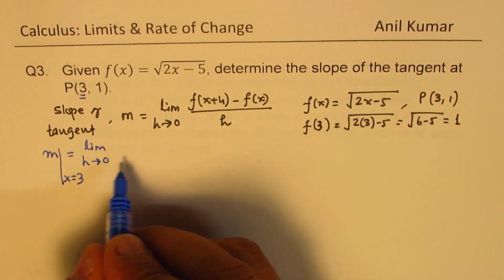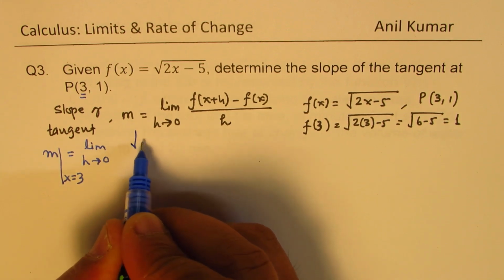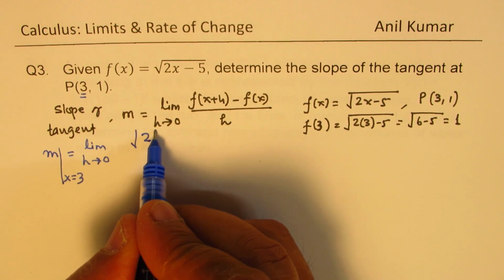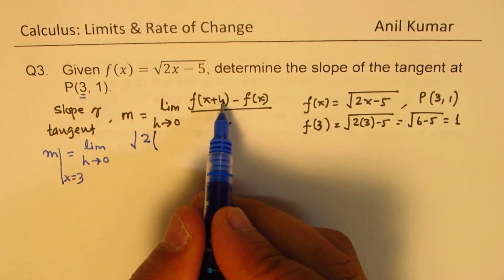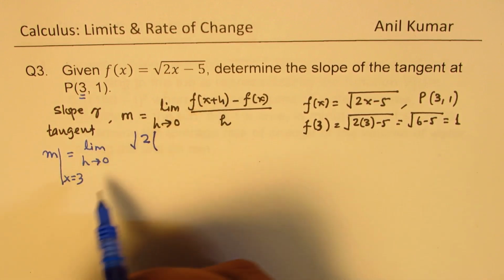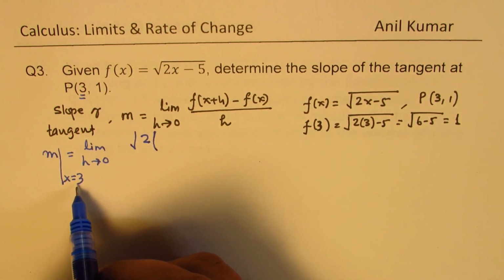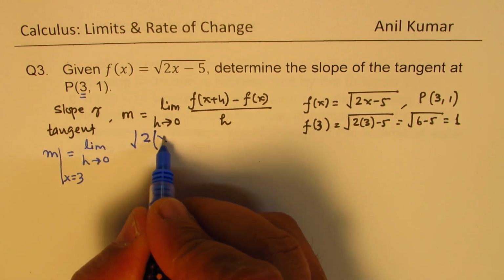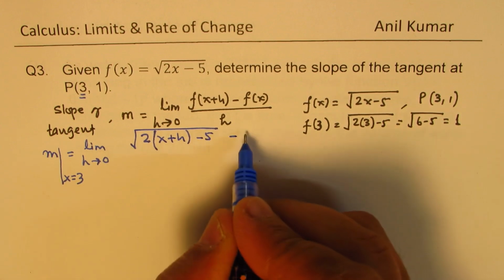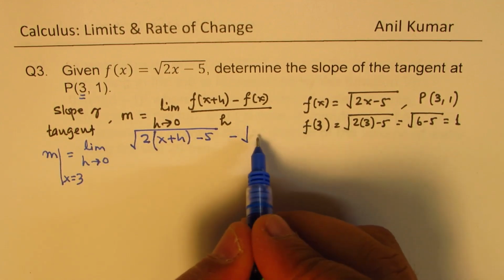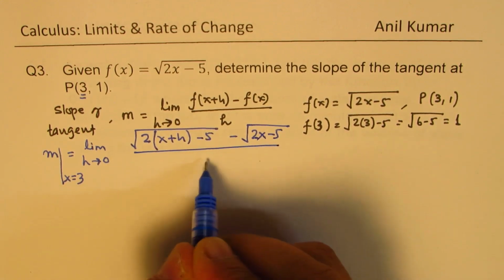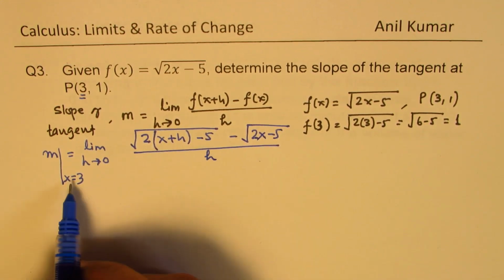So we get this as equal to square root of 2 times, now x is replaced by 3 plus h, right? So first let's write down a general expression, x plus h, and then we'll replace it with 3. That'll be better, right? So we can write this as square root of 2 times x plus h minus 5, minus square root of 2x minus 5, over h. So I have not yet substituted this point.